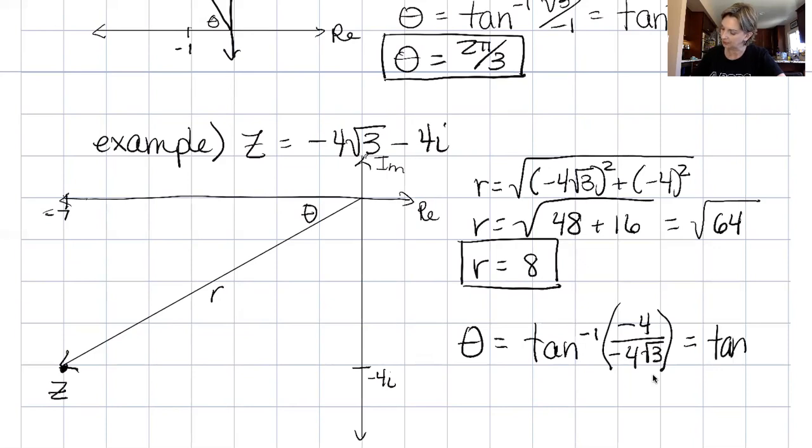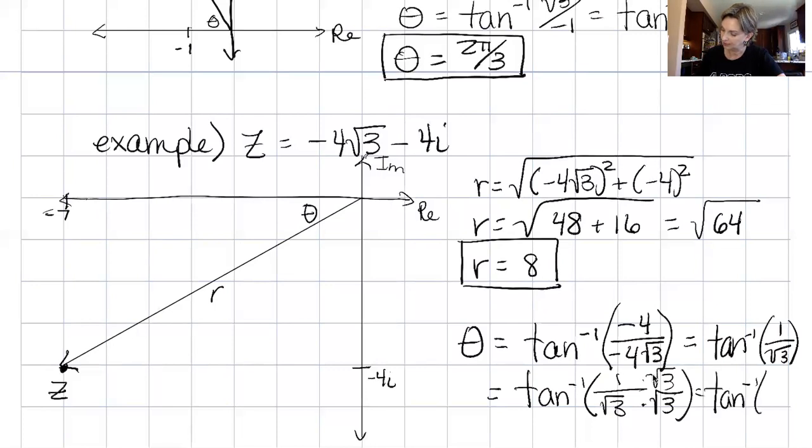You can get rid of those 4's, and you get 1 over the square root of 3. Okay. Now, that's not really going to be on your unit circle when you go to look for 1 over the square root of 3, right? To help us a little bit, you would actually multiply top and bottom by the square root of 3.